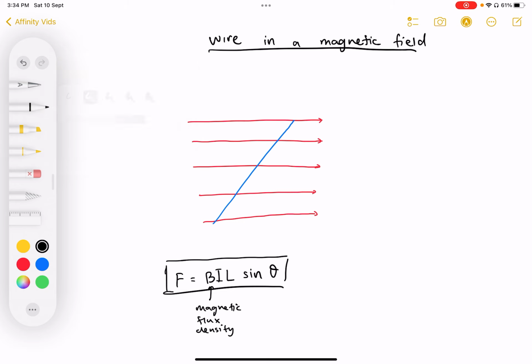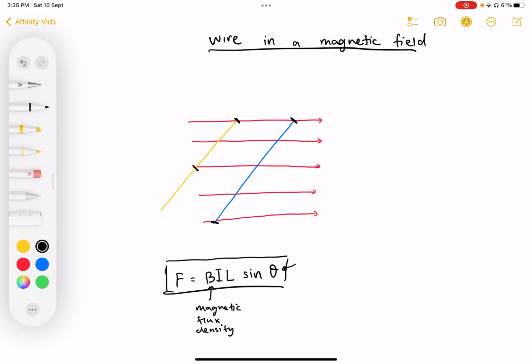So it's going to be this length. Or if we had another wire like this, and only this part of the wire was in the magnetic field, then that would be the length of the wire in the field. So length is dependent on that. And then we have our angle theta over here.